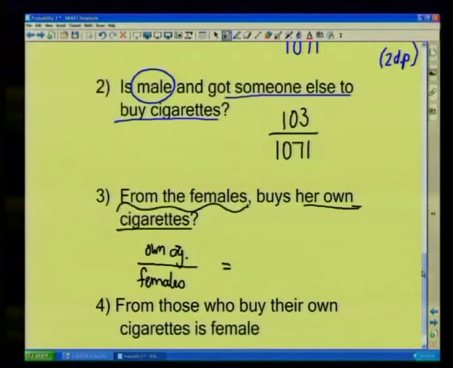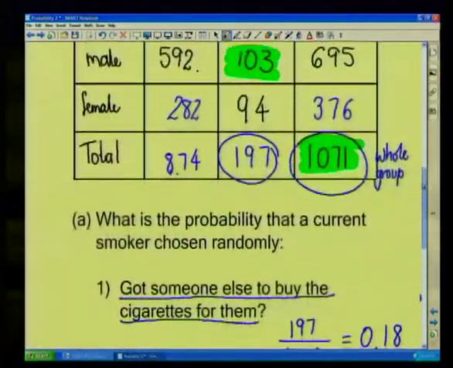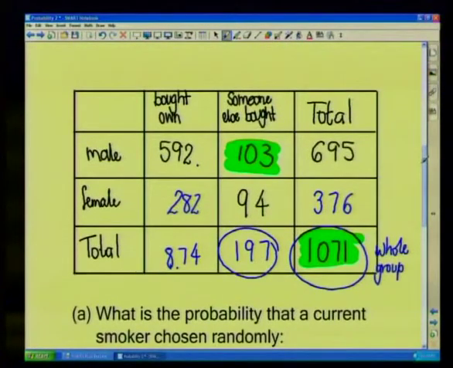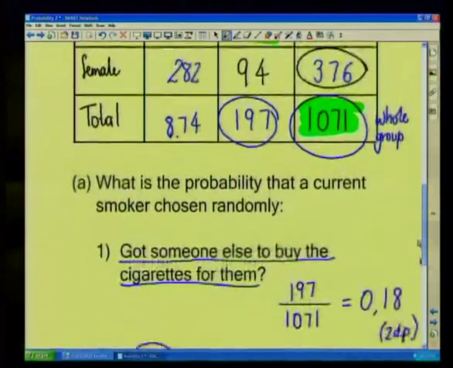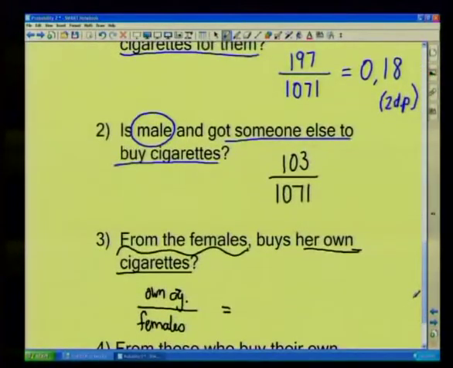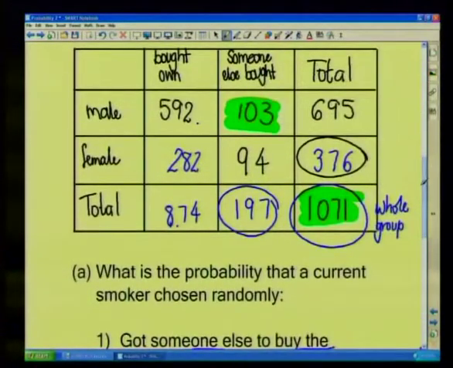Obviously this is the females that bought their own cigarettes. So where would we get this information? Go back. My total number of females is 376, so that needs to be my denominator. And how many of those females bought their own? 282.